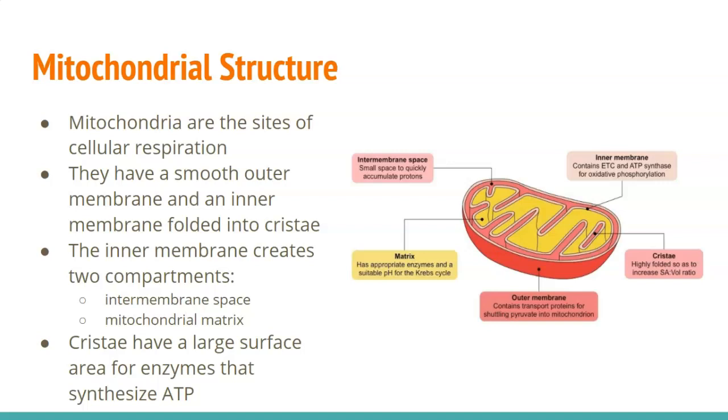But really, the areas that actually hold stuff that we care about are the inner membrane space and the cristae. So as long as you understand that the cristae is a highly folded area, that is where the electron transport chain happens, I'm cool.